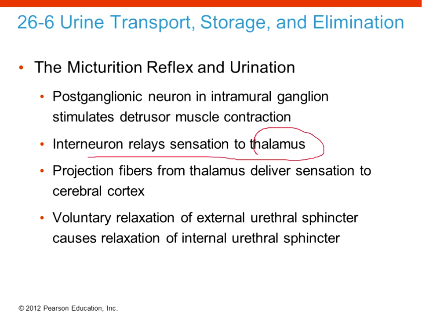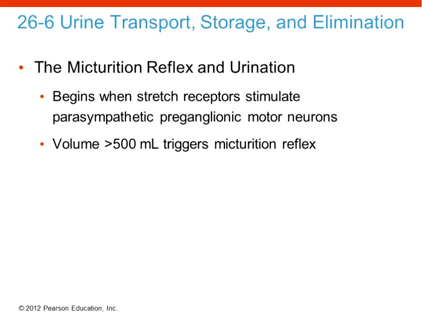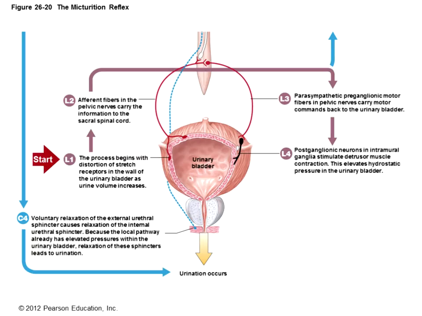Okay? And so an interneuron relays the sensation to the thalamus, projection fibers deliver that sensation, and then you get voluntary relaxation of the external urethral sphincter in that process, right? But it begins with the stretch receptors. Typically around 500 ml volume will start triggering the micturition reflex. But again, remember, typically that's under voluntary control.